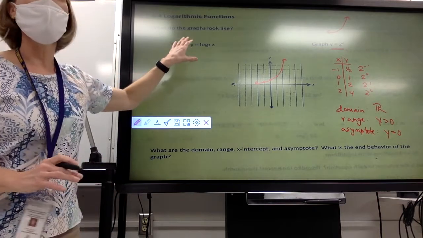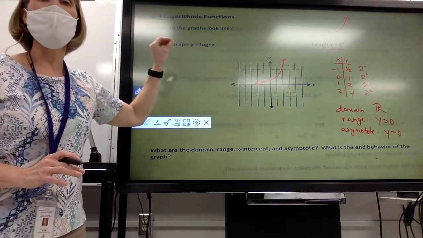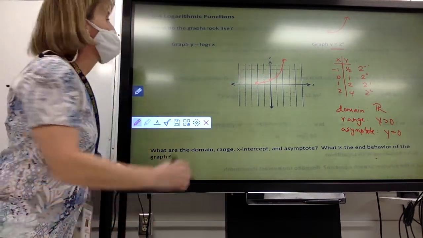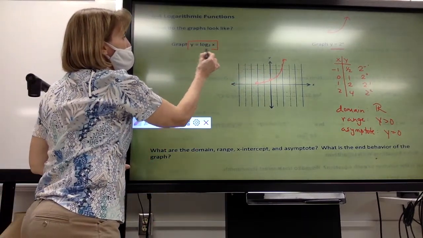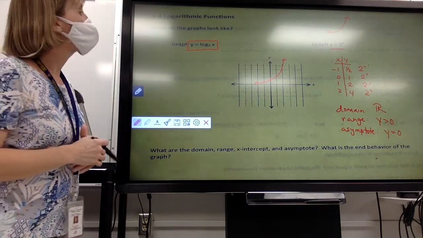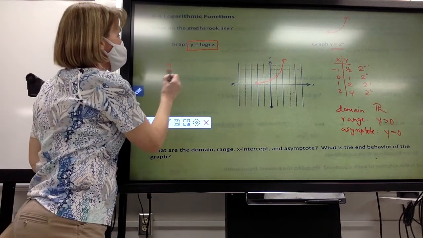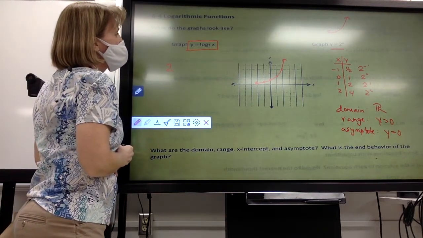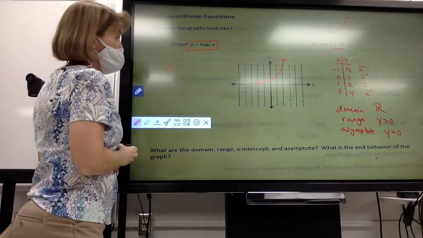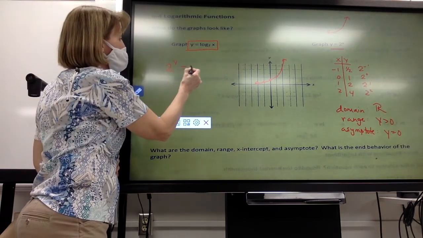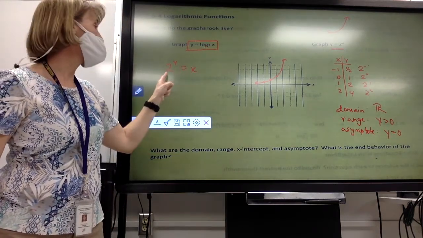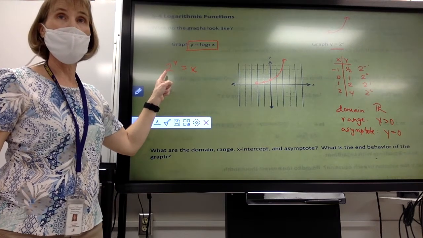Now, in order to graph a log function, I want to put it in exponential form. So how do I rewrite this log in exponential form? 2, x. What's the exponent going to be? The y. It says log base 2. That's why 2 is in the base position for the exponent form.